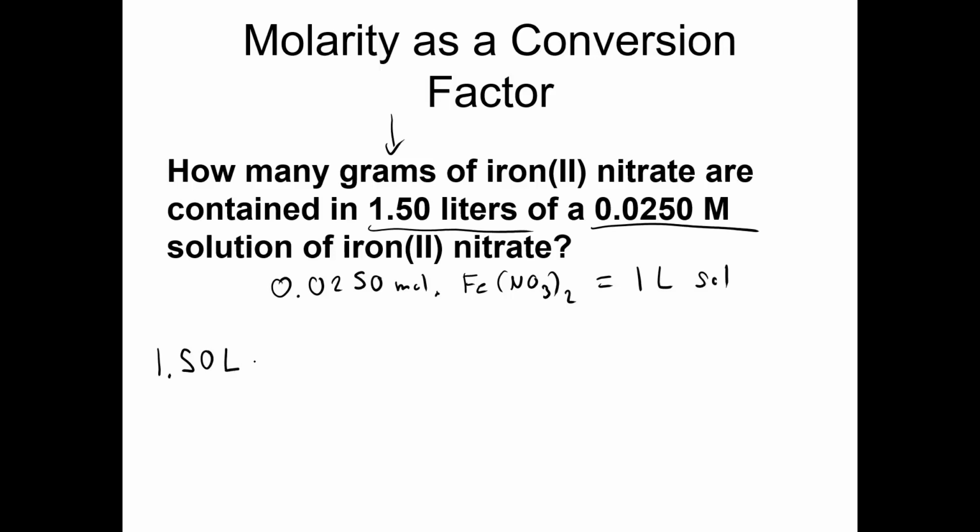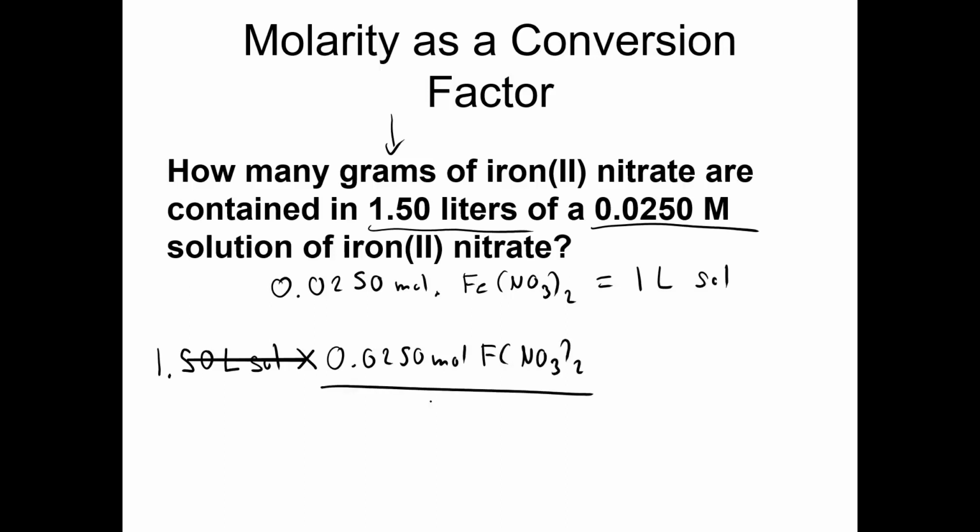1.50 liters of solution times 0.0250 moles of iron nitrate divided by 1 liter of solution. I already crossed through that on accident. That gives me the number of moles.